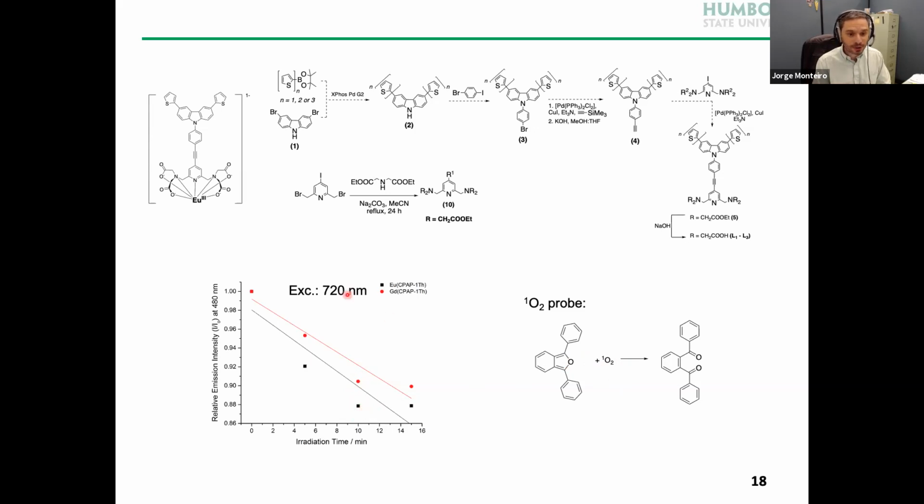And this is actually a very efficient system. It's more efficient than some other dyes that can do that. So again, knowing what you are looking for and having knowledge of other areas of chemistry, you can plan things.